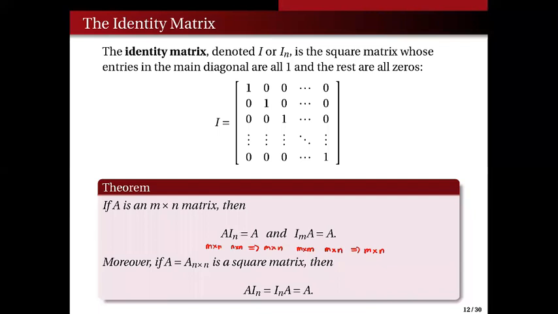So if one of your factors is the identity matrix and you have a square matrix being multiplied to that, then you can interchange. Okay?